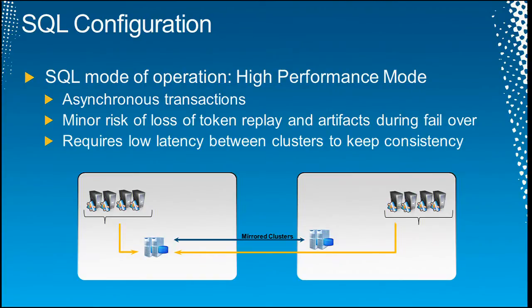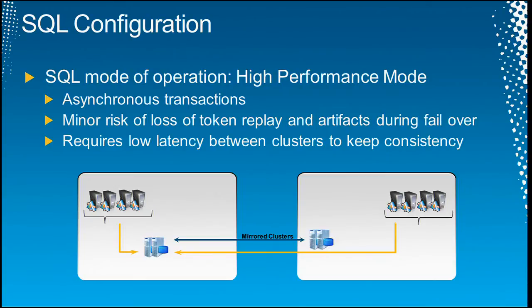So I write something to the primary node of the cluster. It writes back to ADFS saying, hey, yeah, you're good. And then asynchronously, once the client continues on its way, we'll write the change to the secondary node in the cluster. Trade-off between 100% data resiliency versus perf and usability.